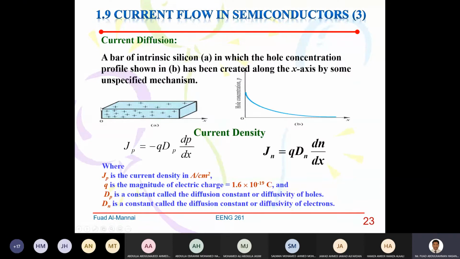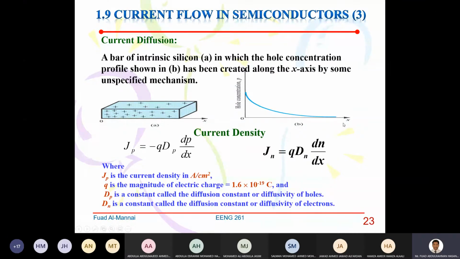If we look at the bar of silicon, you can see the hole concentration profile shown in B here, created along the x-axis, which is the distance.